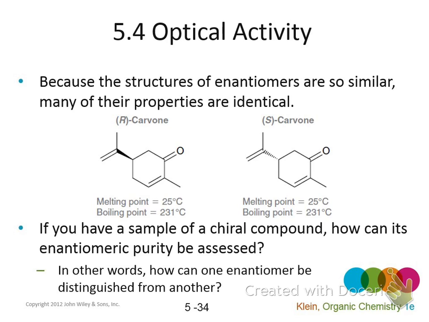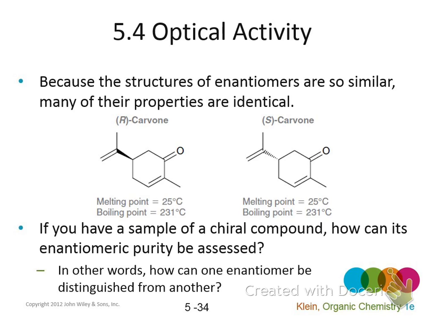When you make synthesized compounds, a lot of times there are methods for trying to make one enantiomer in preference of another. Question is, how do you tell how pure your product actually is, since all the physical properties are the same so far?